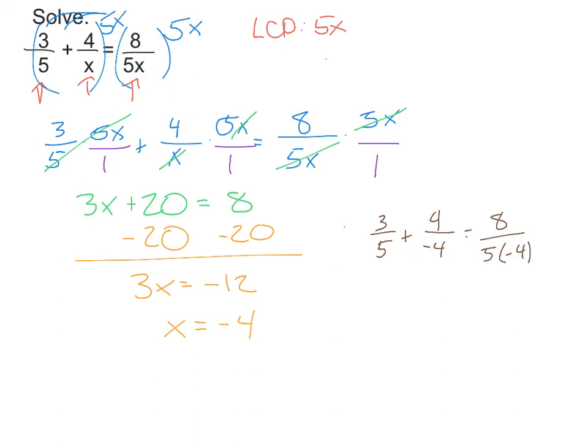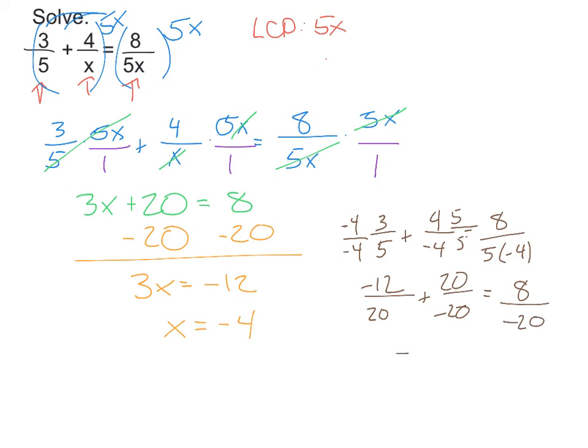So I'll take this side times a negative 4 on top and bottom. So that's negative 12 over 20. Well, this second piece I'll take times a 5. So we're adding on 20 over negative 20. And that should be equal to 8 over negative 20.